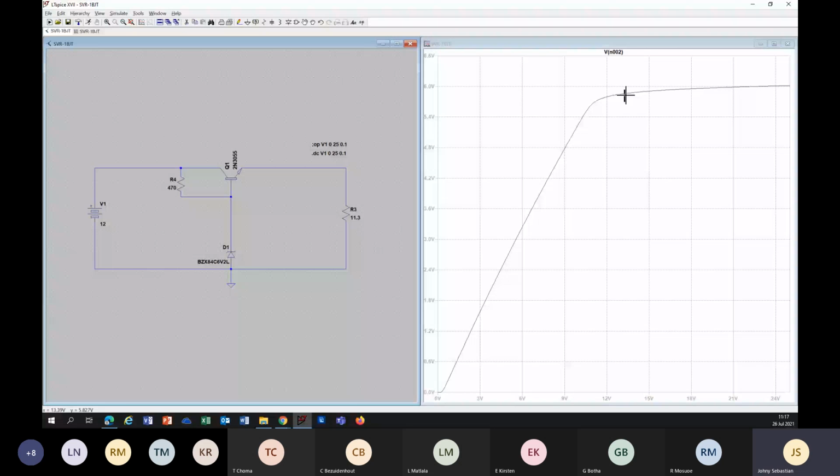When the input exceeds a certain value, your output current also increases. That is called line regulation. So this series voltage regulator that we designed is not a perfect series voltage regulator, but this is a good start.